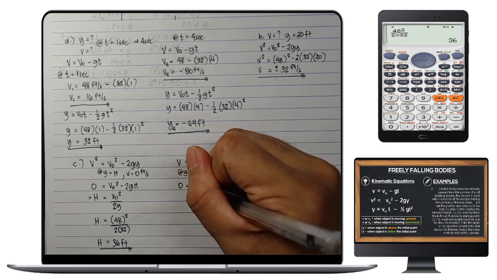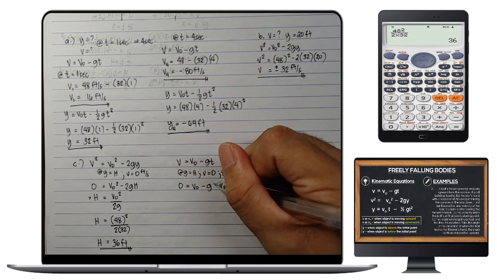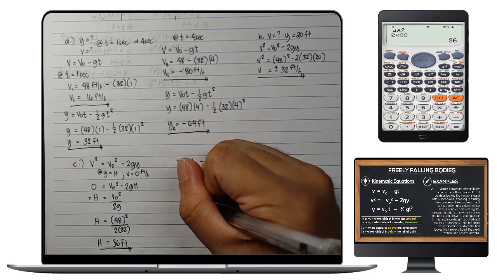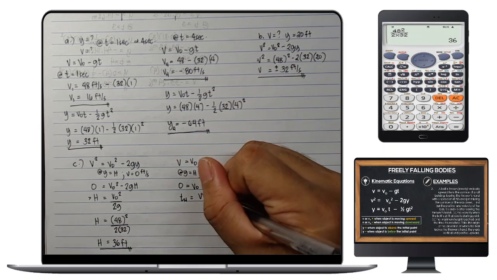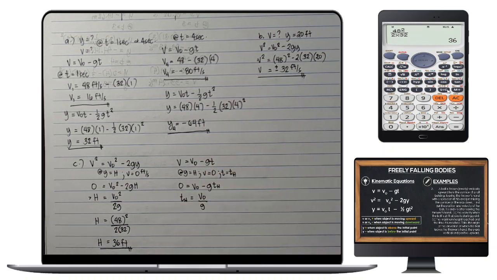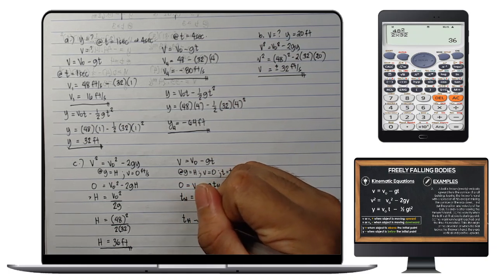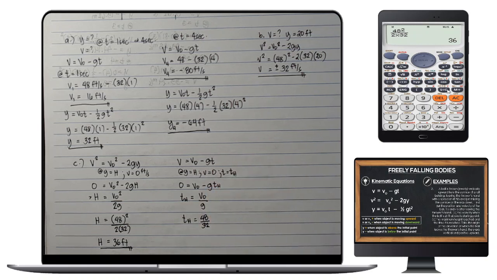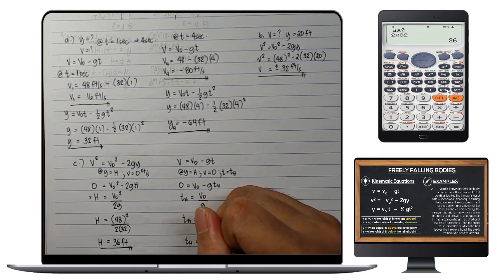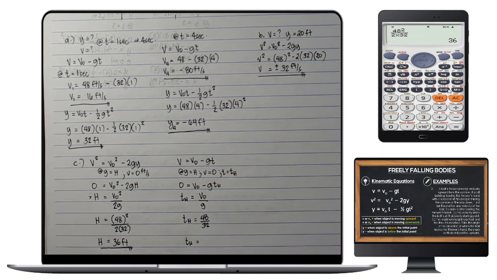So, this will be 0 is equal to V sub O minus G times time to reach the maximum height, and we can find the value of T sub H. So, T sub H natin, that is simply VO over G. Kasi meron naman tayong initial velocity. So, T sub H natin is equal to 48 divided by 32. So, makukuha natin yung time to reach the maximum height, that is 48 divided by 32 equals 3 halves or simply 1.5.